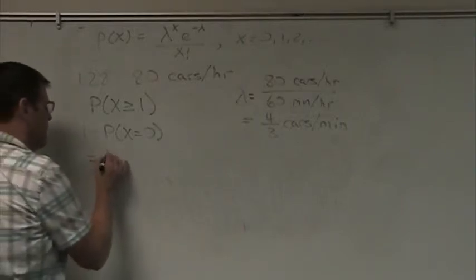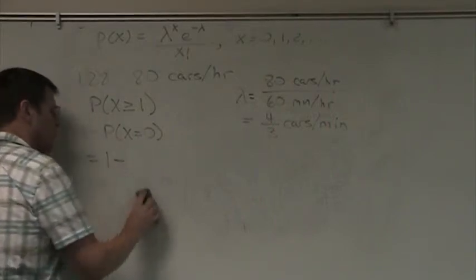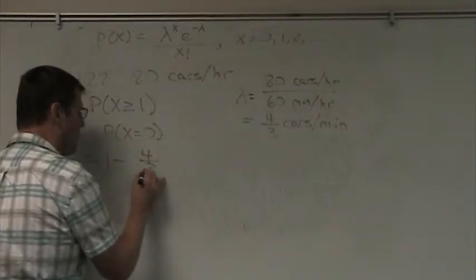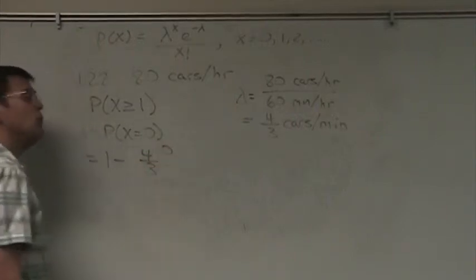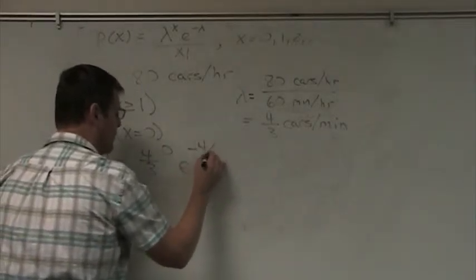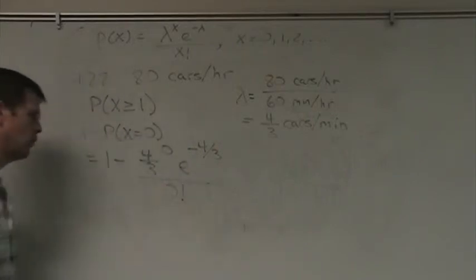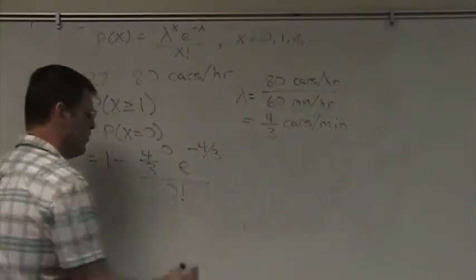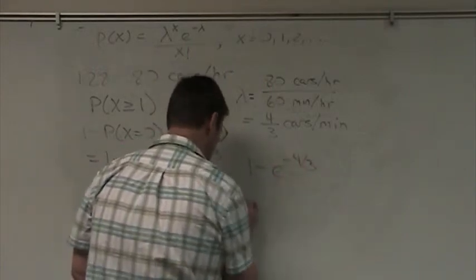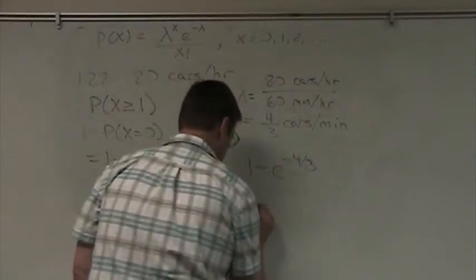So this is 1 minus 4/3 to the x, but x is 0, times e to the negative lambda, so that's e to the negative 4/3, divided by 0 factorial, and this just becomes 1 minus e to the negative 4/3, which works out to be 0.7364.